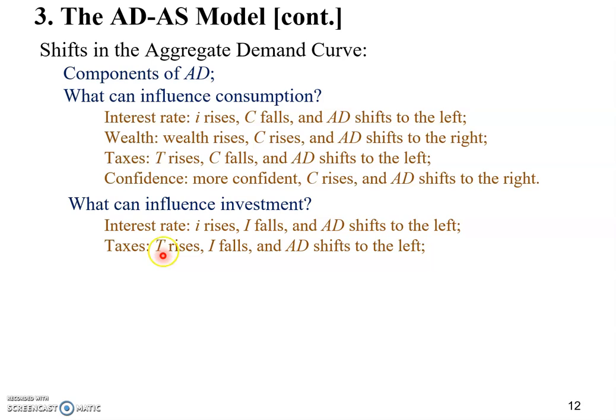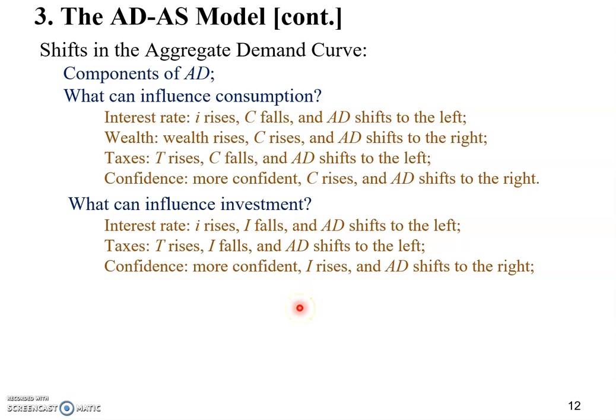So here, if you go back to the first component, when we talk about consumption, when we see taxes, it's more about the income tax. Here it's more about the capital and corporate tax. So when these taxes go up, investment will go down, and the AD shifts to the left.